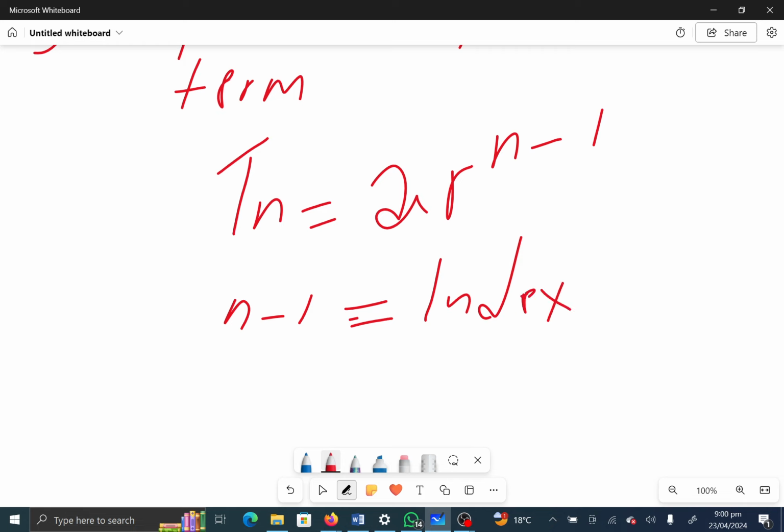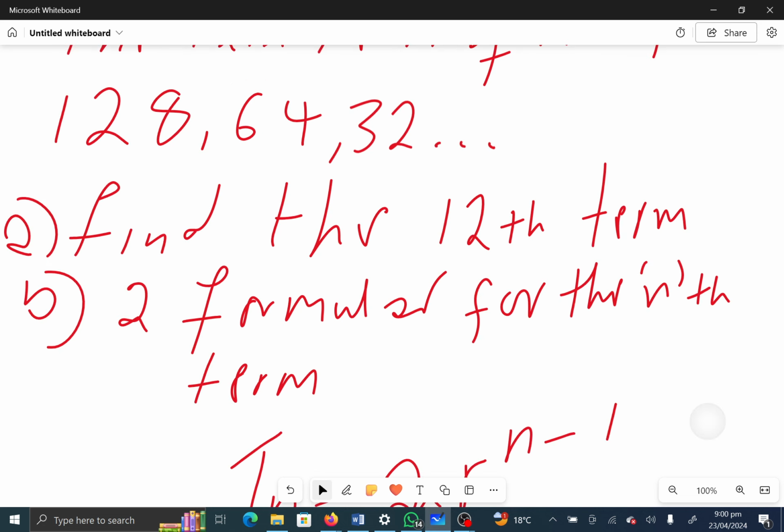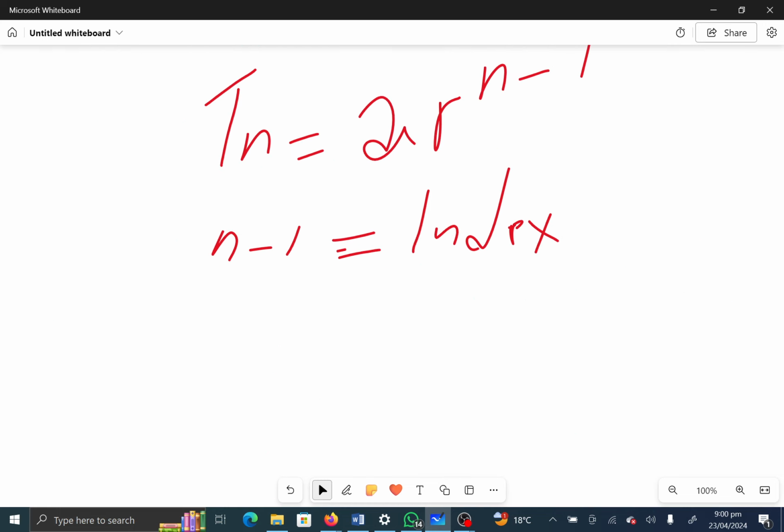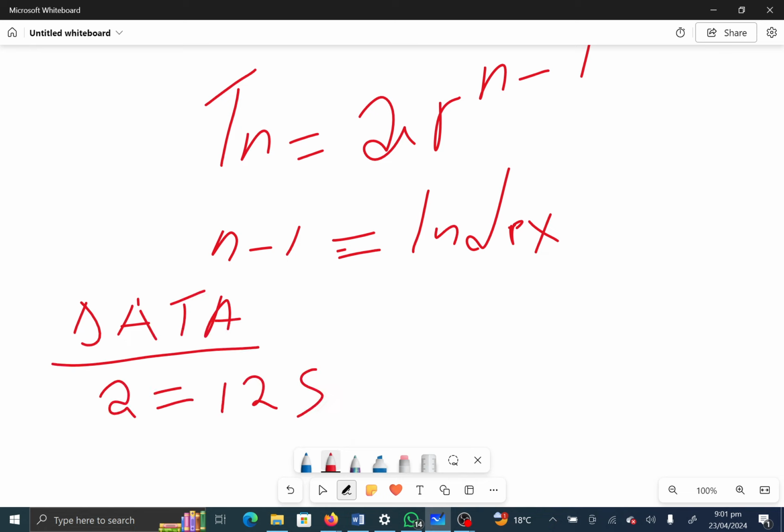Now in our geometric progression above, which is 128, 64, and 32, we have our A, which is equal to 128. So what is our R?